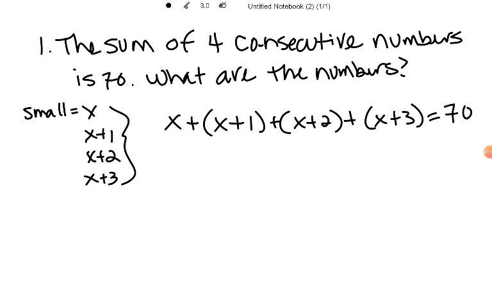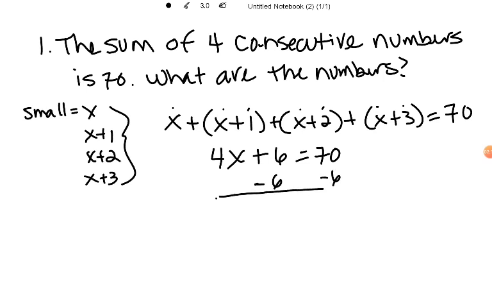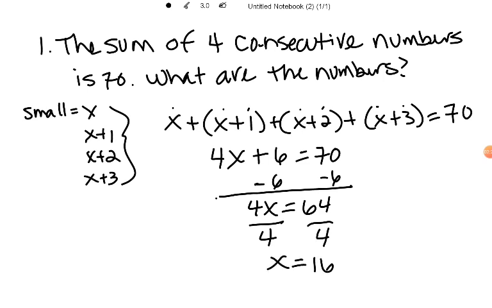So let's add up our x's. We have 1, 2, 3, 4. So that is 4x. Add up our numbers. We have 1 plus 2 is 3. 3 plus 3 is 6. So we have 4x plus 6 equals 70. So let's just solve for x. So x equals 16.